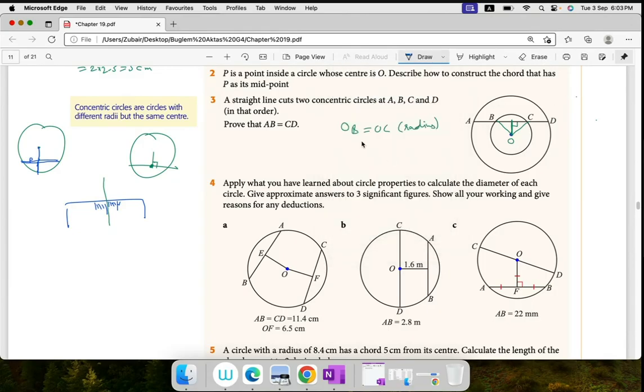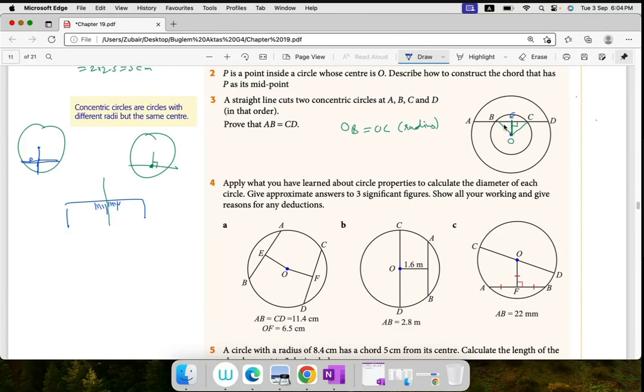And secondly, if I write this as E, a straight line cuts two concentric circles with a common center. These are congruent triangles.